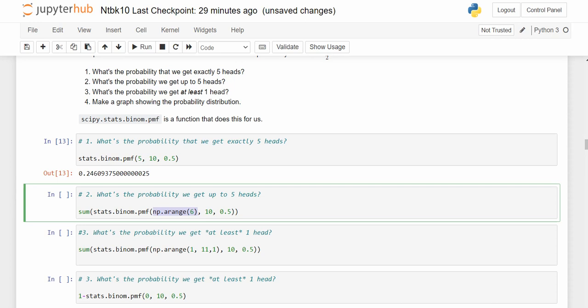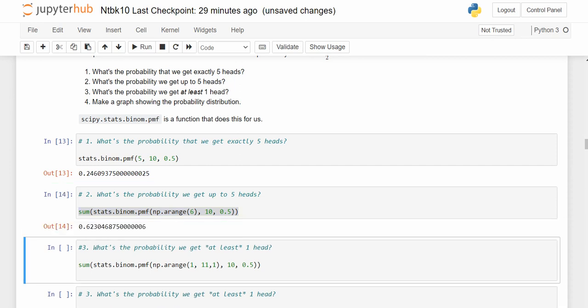So all of those numbers of successes. Okay, and it's going to add them all up. Why? Because on the outside of this, we're doing sum. So it's going to calculate all 6 of those, right? Number of successes 0, 1, 2, 3, 4, and 5. It's going to calculate all of those and add up the probabilities. Oh, and that kind of makes sense.